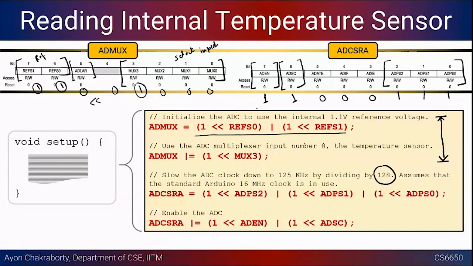So after doing this, the ADCSRA register will have the value of 1 1, 3 zeros, and then 3 ones. Okay. So all these values are loaded, and the ADC is enabled now, and the start conversion is enabled now. So now the ADC will read the first analog value and then produce the result, right?